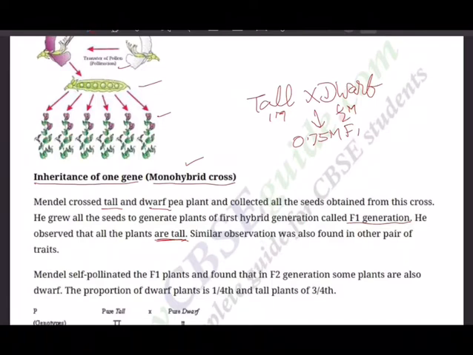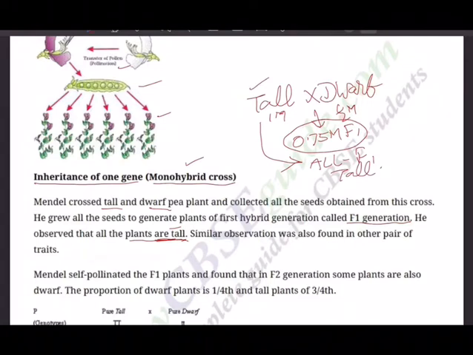But what has Mendel observed? Against our common observation, he observed that all the plants are tall. That means instead of this average length, one of the parental characters has come. All the F1 generation are as tall as one of the parents.